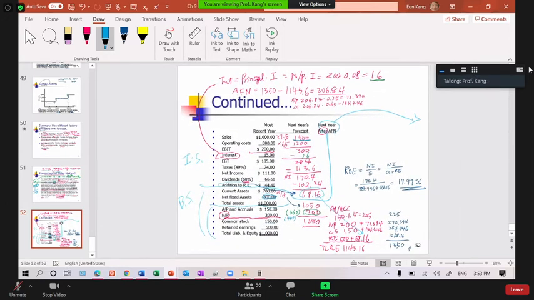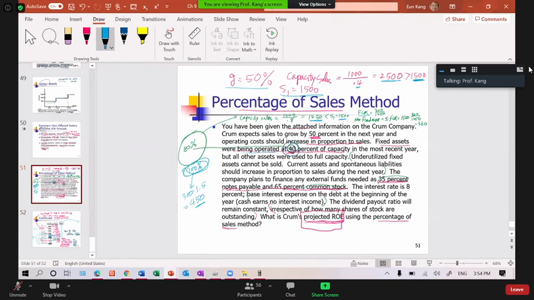Professor, where do you find the 72.394 in the notes payable line? Oh, that is from the problem. It says that any external fund, that is AFN, is financed by 35% notes payable and 65% common stock.